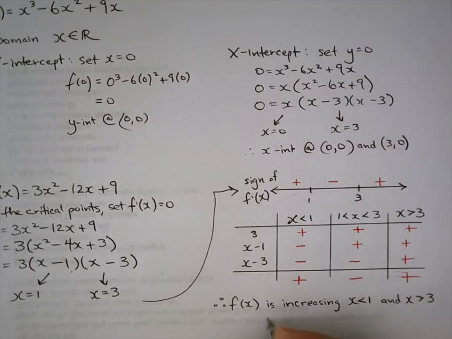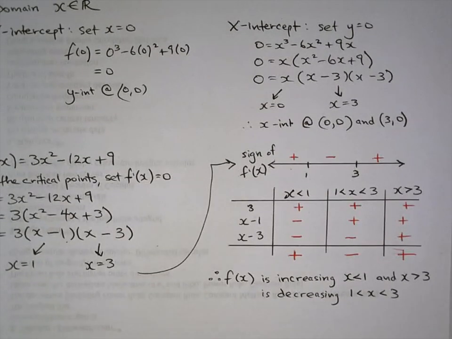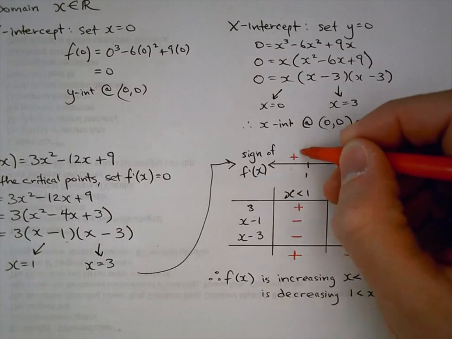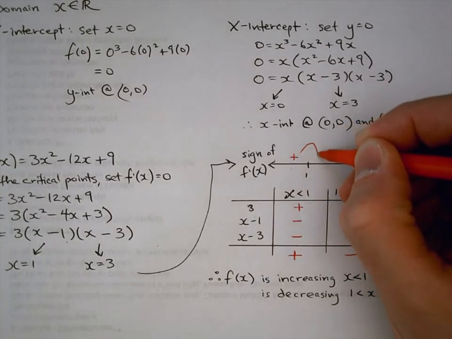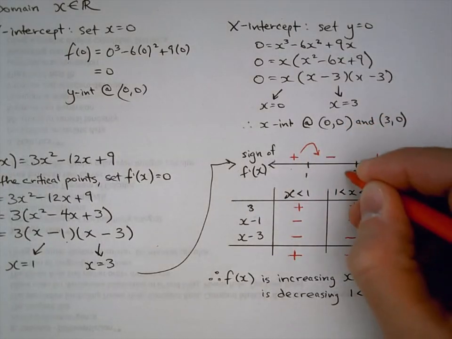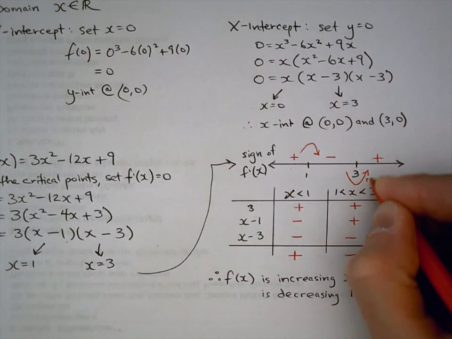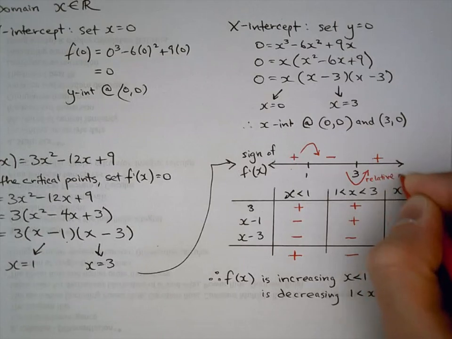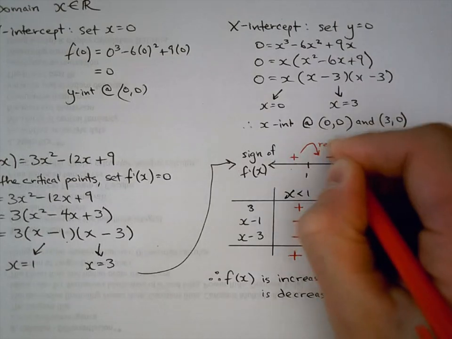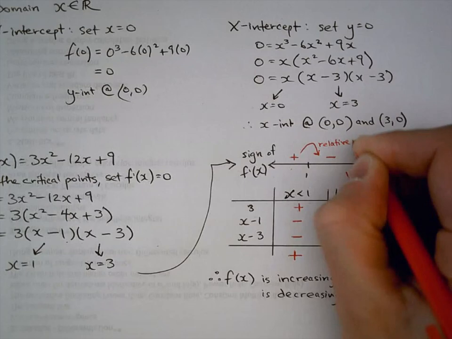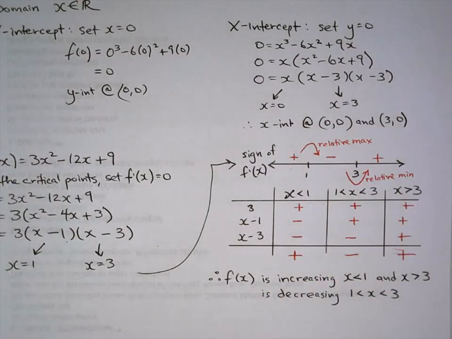And it's decreasing between 1 and 3. Not only do we know where it's increasing and decreasing, we also know that for this section it's increasing and then decreasing, and for this section it's decreasing and then increasing. I like using the number line to help me do that.